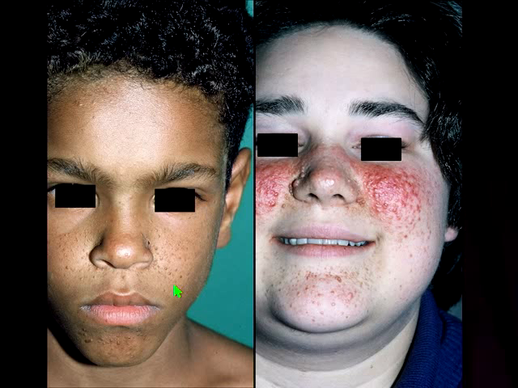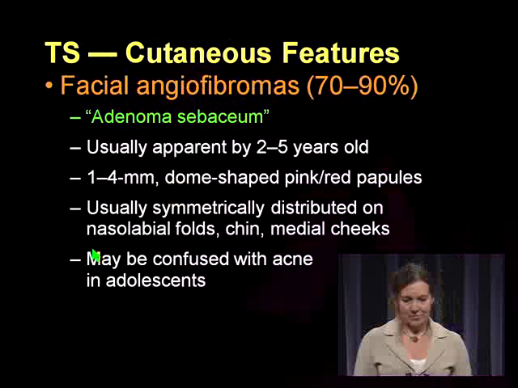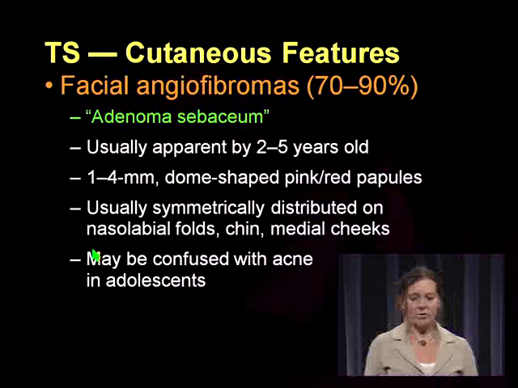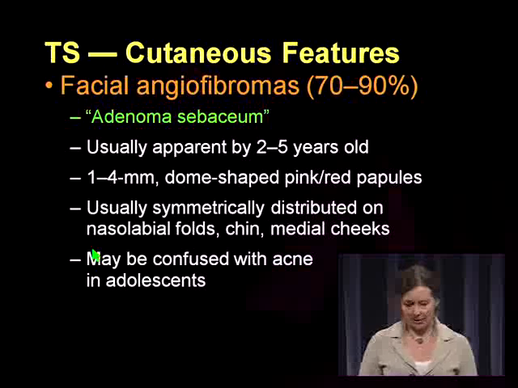So it can be quite subtle, and you can see again he has relative sparing of his forehead and a predilection for these lesions around the folds of the nose. Okay. Again, usually present by 2 to 5 years of age, vary in color from skin color to pink to red to tan. We talked about the distribution and the occasional confusion between angiofibromas and acne.